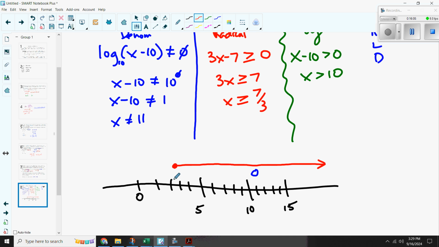So let's call this 7/3. And then my last one says x has to be greater than 10. So I come over here to 10, and I have an open circle at 10, and it goes all the way that way. Now, if any one of these restrictions is violated, that is out of the domain.